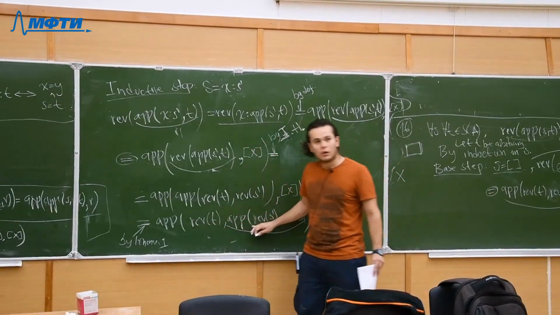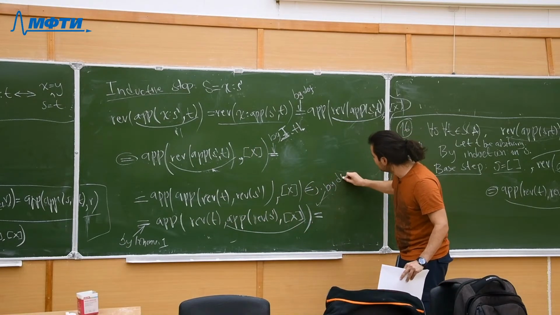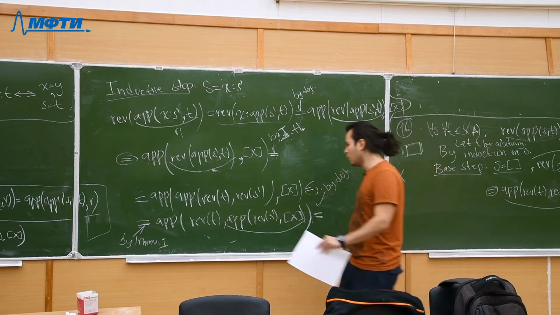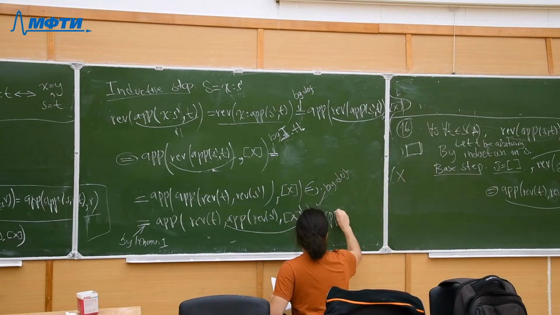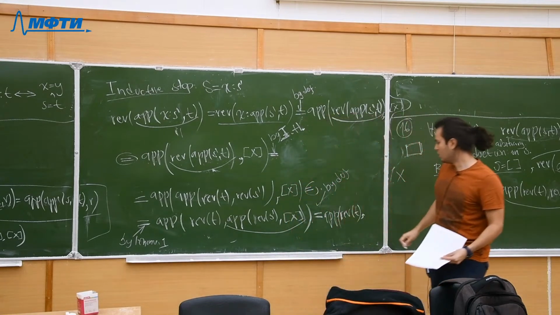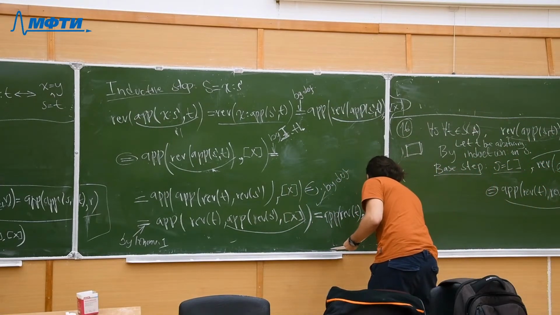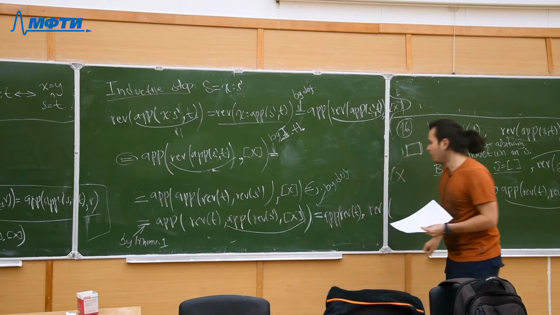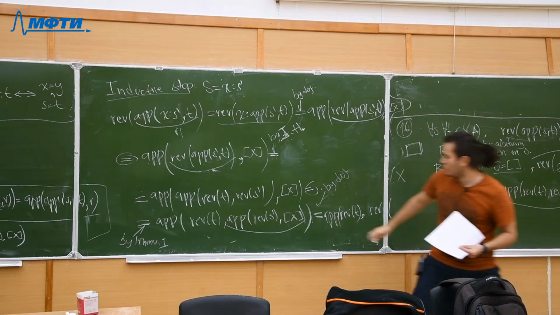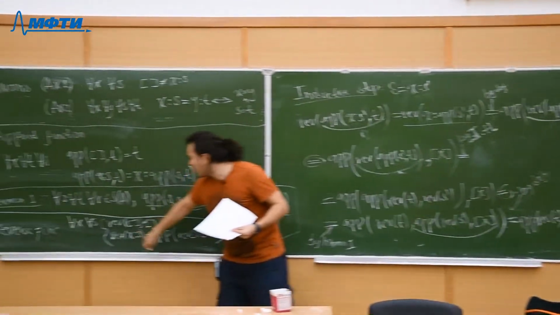So by definition, this is going to be equal to the app of the reverse of t and the reverse function of what? So we have s prime, x, s, so x column s prime.